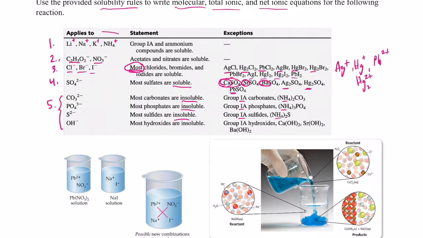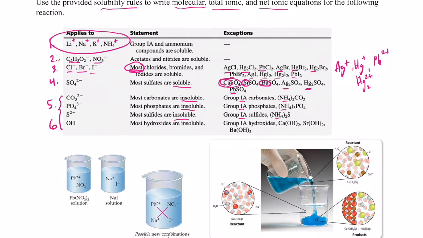So this applies back to rule number 1. Okay, but all other carbonates, phosphates, and sulfides we would not expect to dissolve in water. So if I had manganese 2 sulfide, I would expect it not to dissolve in water. But if I had cesium sulfide, cesium's in group 1, I would expect it to dissolve in water.